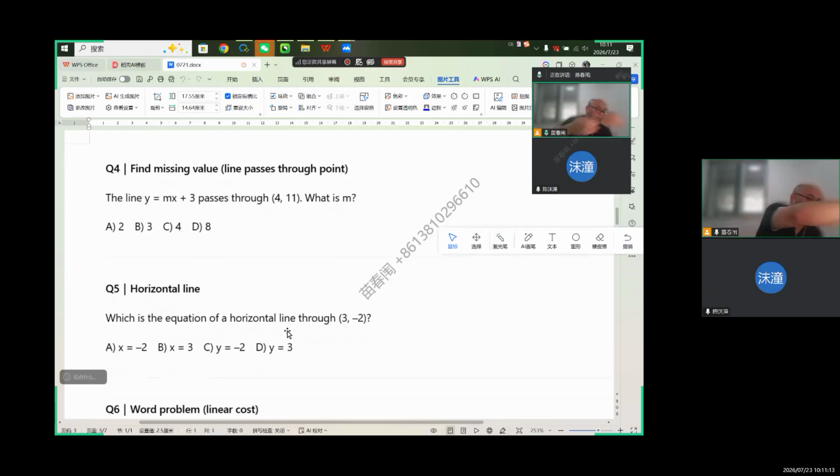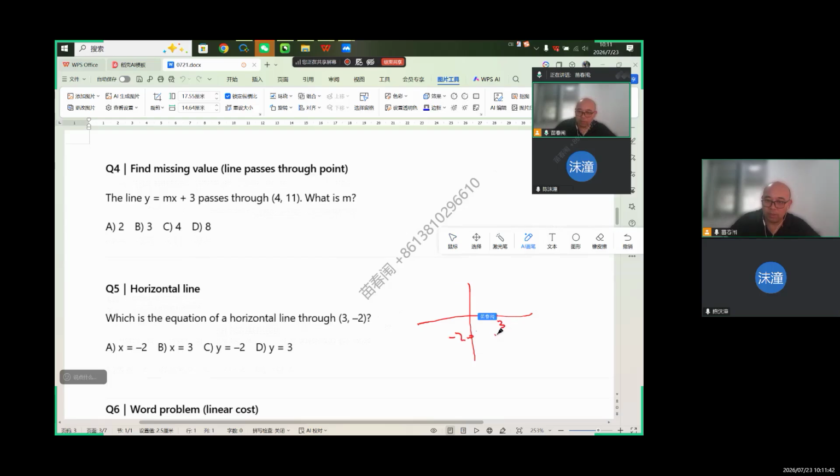Question 5. Which one is your question 5? Question 5, I picked D. Horizontal one. Wait, let me draw it. You have different answers from this answer sheet. It goes through a horizontal line. +3, -2, right?